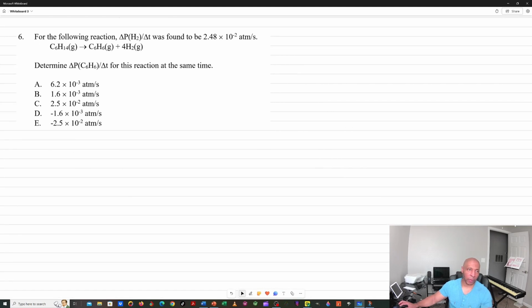Alright, so for the following reaction, the change in my H2 concentration with respect to the change in time was found to be 2.48 times 10 to the negative 2 atmospheres per second. Okay, now let's see what I have here. So it looks like we're reacting heptane. No, that's not heptane. C6, hexane. We're getting hexane, and we're getting, let's see.